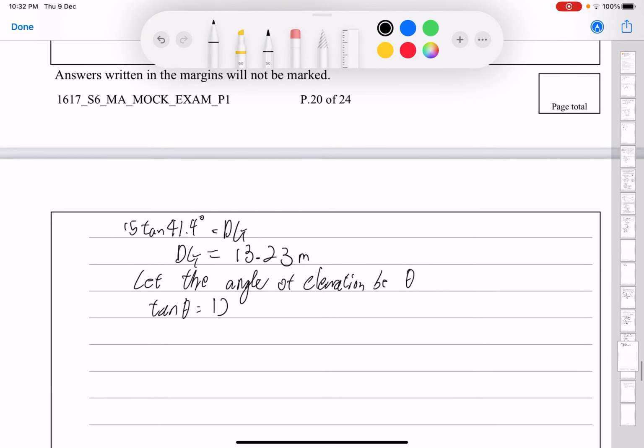HG, we already got it because the question gave us, and DG, we calculated it. So the angle of elevation theta would be 42.2 degree.